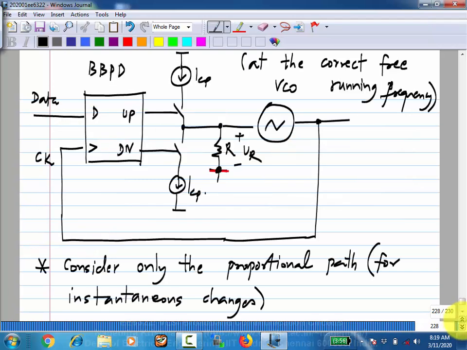So when the up signal is high, what will be the voltage here? Plus ICPR. In response to that, what will be the phase of the VCO?